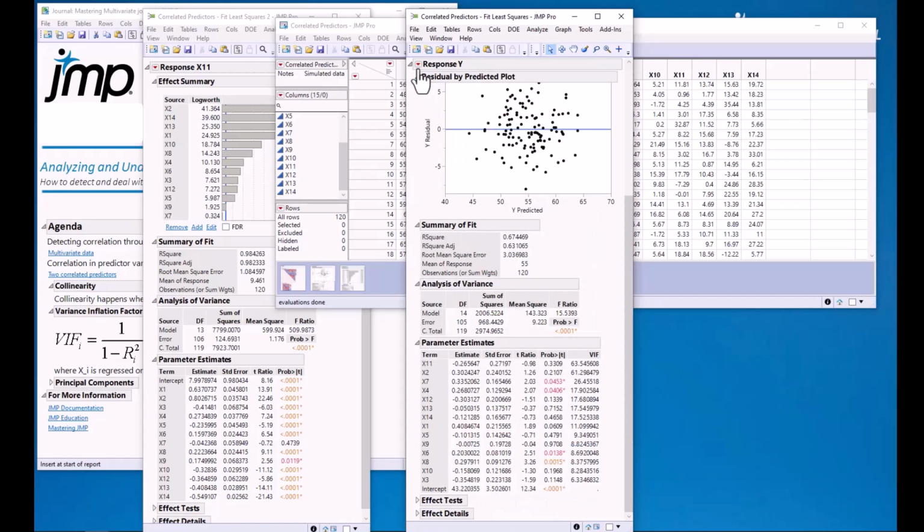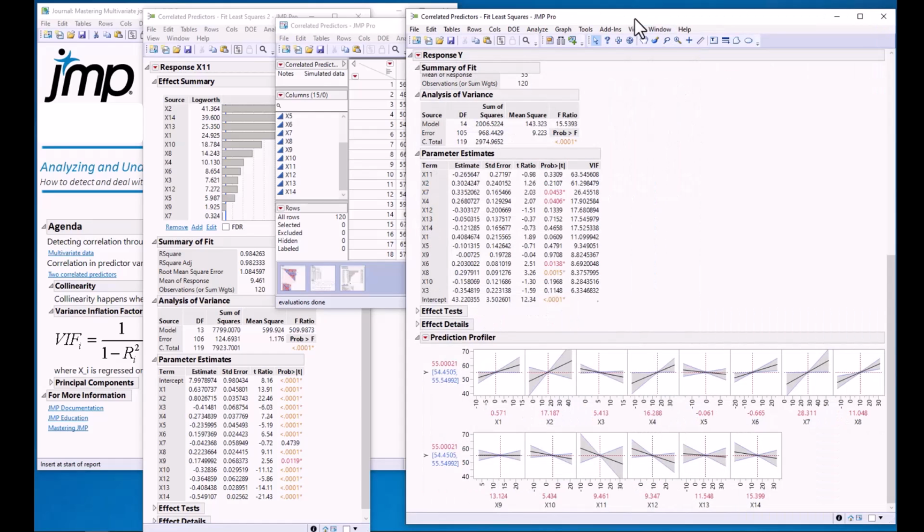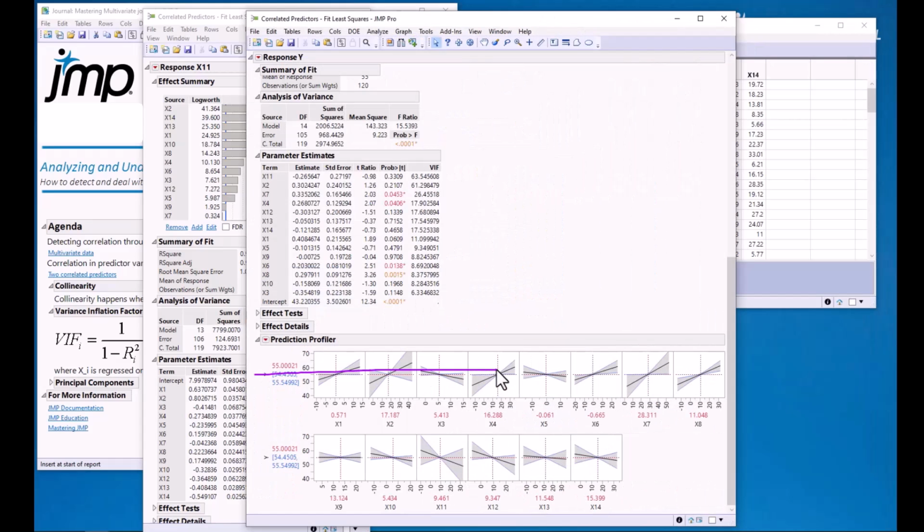Another graphical way of seeing the collinearity and detecting that there's a problem is in the prediction profiler. We've got a row for each response variable, a column for each predictor variable. It's the prediction profiler because at each of these settings, when I set my X's to each of these numbers, I predict from the model that I fit that I'm going to get a Y value here.